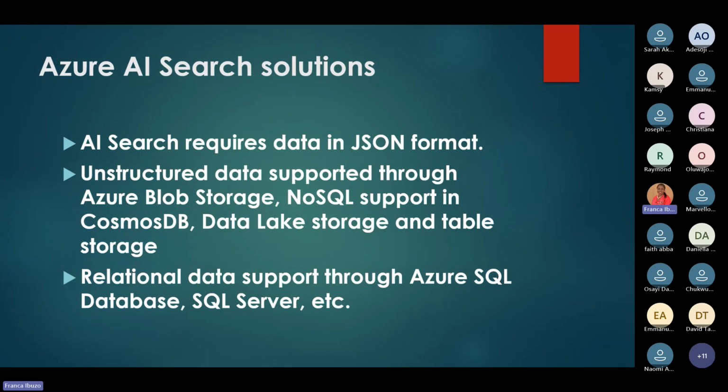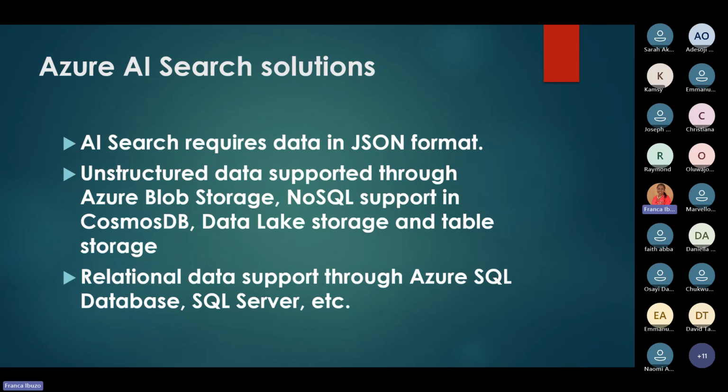It's knowledge mining. In Azure AI Search solutions, AI Search requires data in JSON format. Structured data is supported through Azure Blob Storage, NoSQL support in Cosmos DB, Data Lake Storage, and Table Storage.